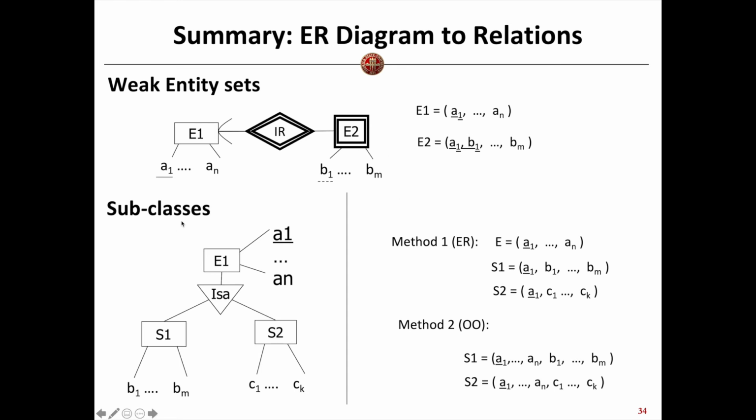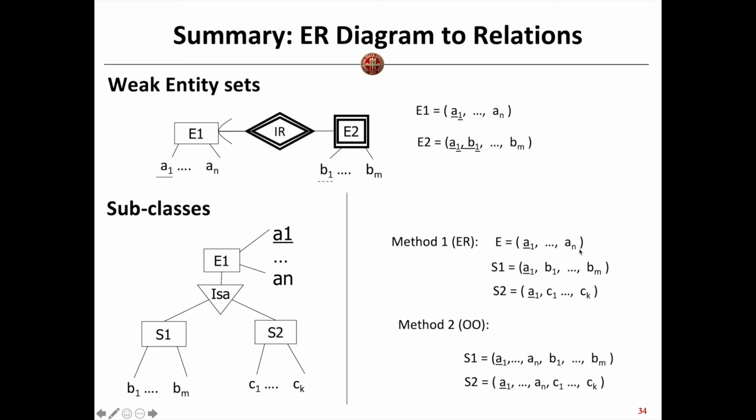We also have the translation for the subclass we mentioned in the slides. We have two different approaches. The first approach is called the ER approach, right? For the ER approach, we do the translation of a diagram like this into three relations: E1, S1, and S2. For the subclasses S1 and S2, we have to borrow the A1 key attribute inside these relations as keys as well, right?